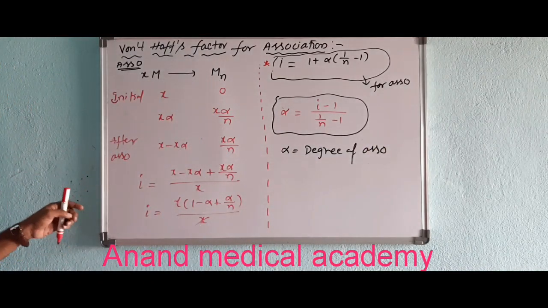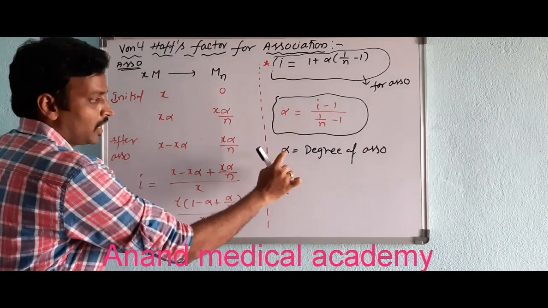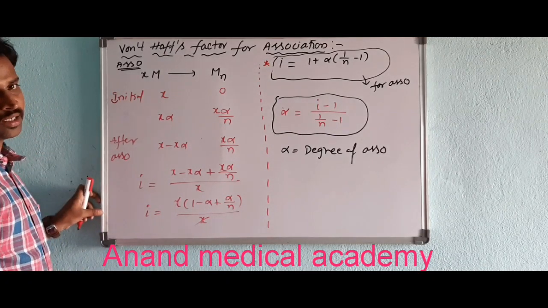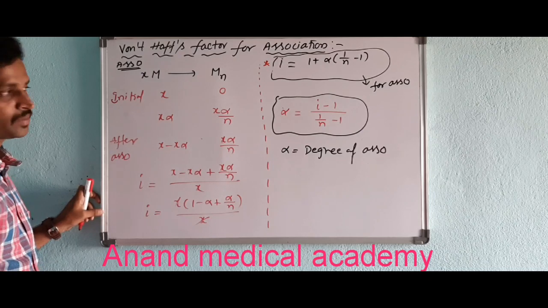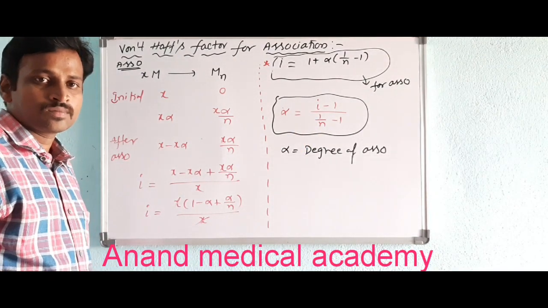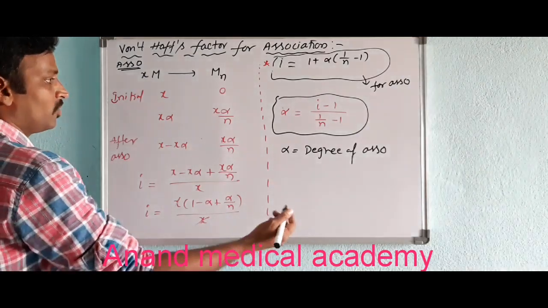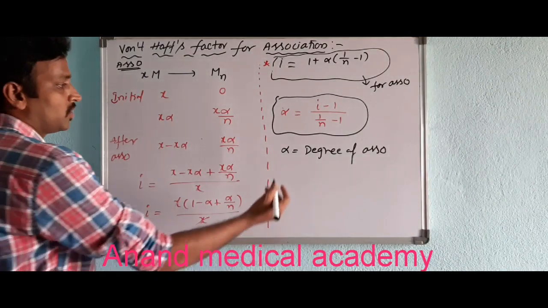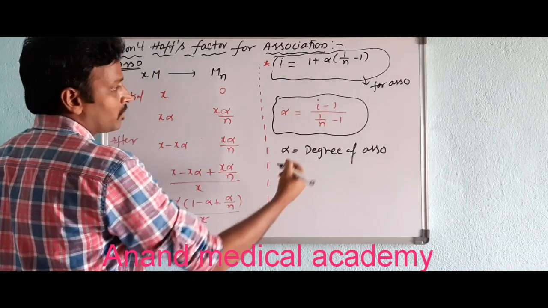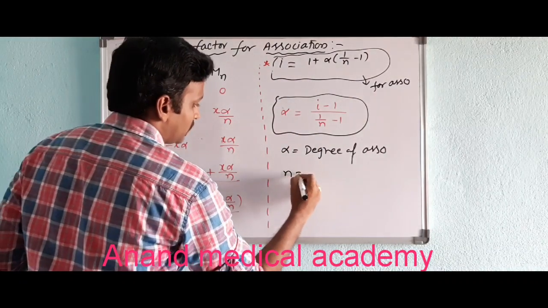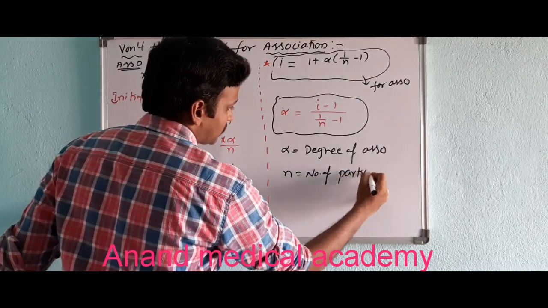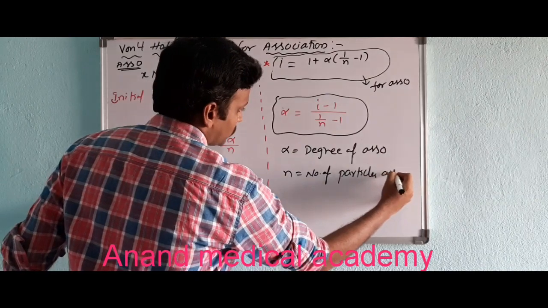Just have a look. Alpha is the degree of association. In the previous case, alpha is the degree of dissociation. That's it. Here also, it is the number of moles associated. So how many were associated? Same here. Alpha is equal to i minus 1 by 1 by n minus 1, where n is the number of particles associated.